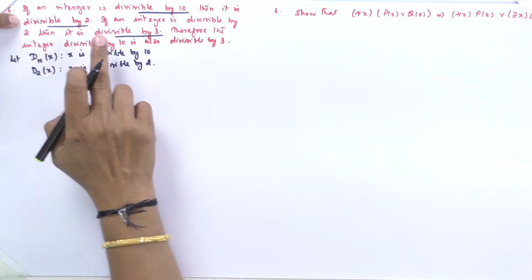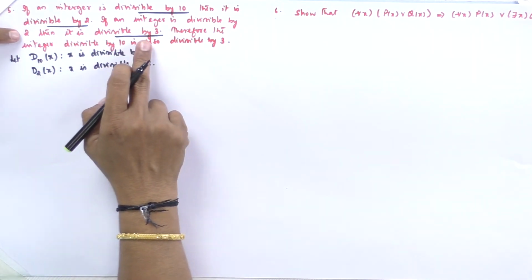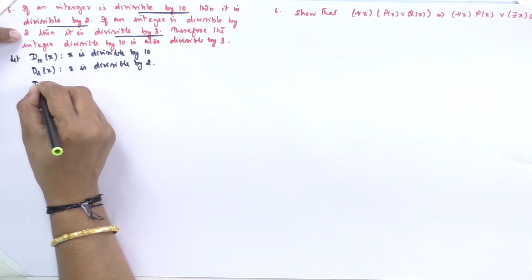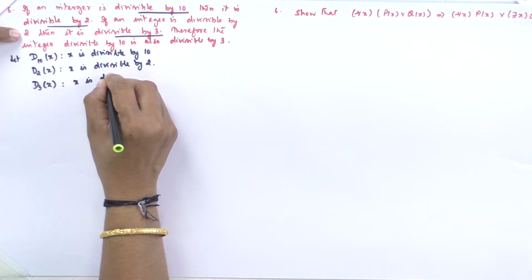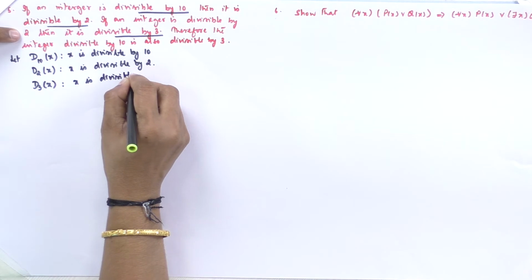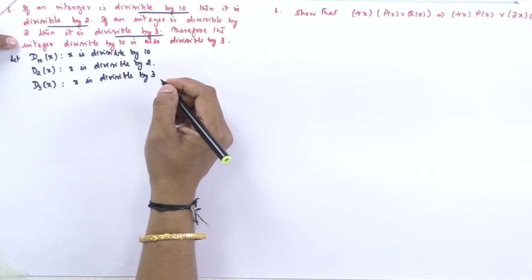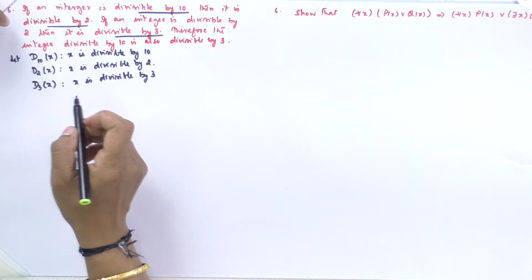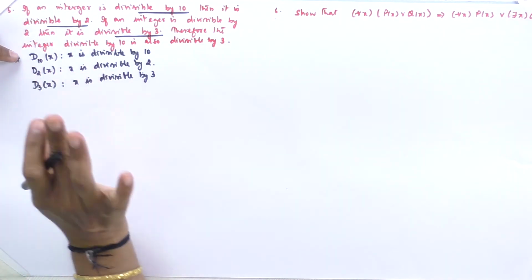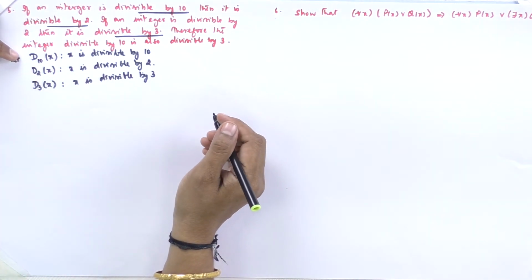Understood here? If an integer is divisible by 2, then it is divisible by 3, so we will have D3 of x, that is x is divisible by 3. Therefore, the integer divisible by 10 is also divisible by 3. These are the 3 keywords we have identified and defined along with the predicate terms.